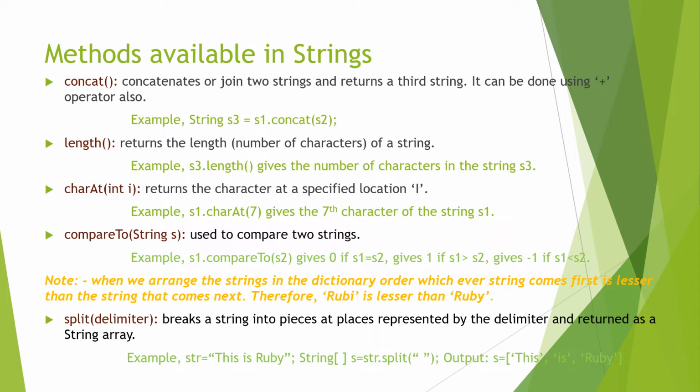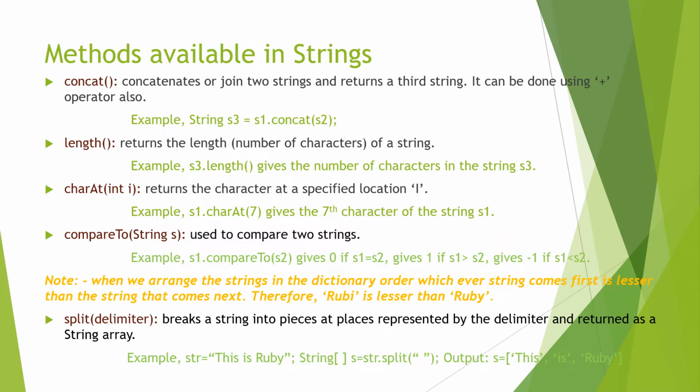Here we need to note one thing: it compares the two strings in dictionary order, which means whichever string comes first is lesser than the string that comes next. So therefore, "Rubi" is lesser than "Ruby".